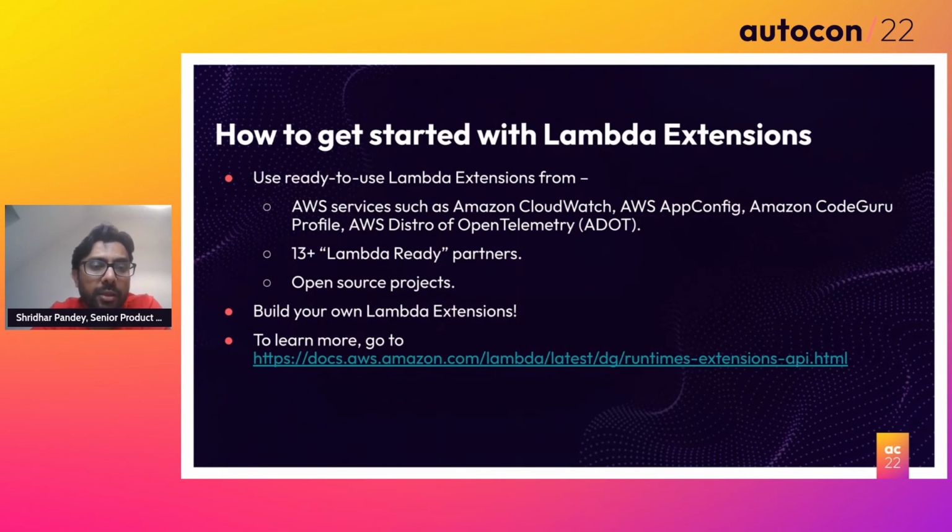There are also open source extensions that you can download and run as your own. And if you're still not able to find an extension that fits your use case like a glove, you can build your own Lambda extension. I've linked our documentation where you can read more about extensions, including the available extensions today, and get more insights, with examples, into how to build and run your own extension.